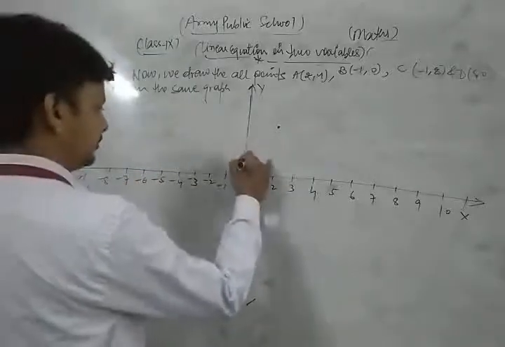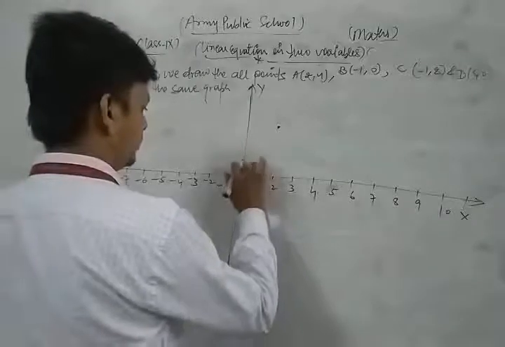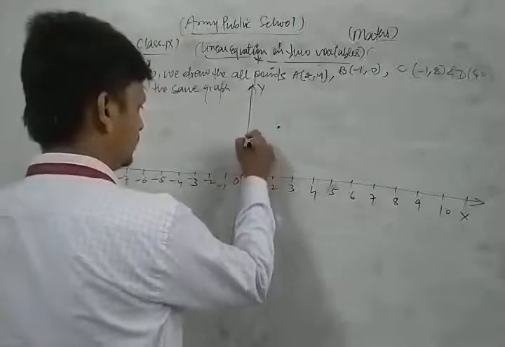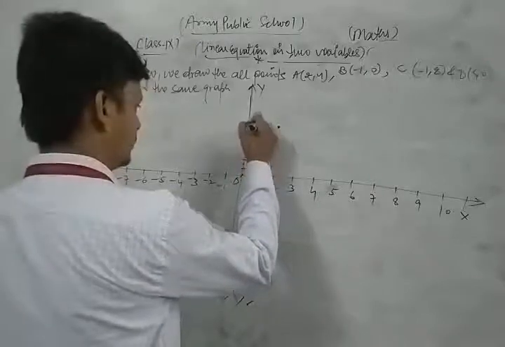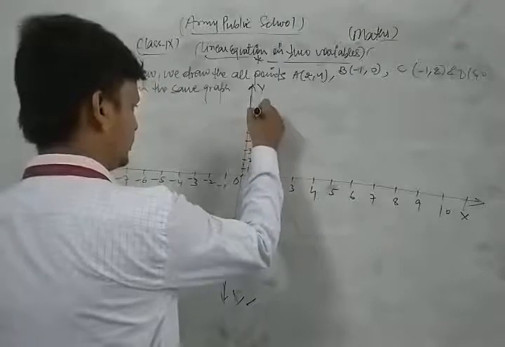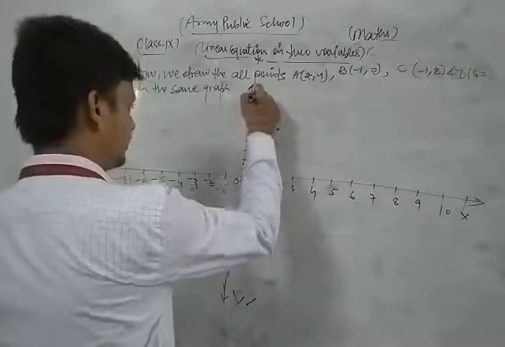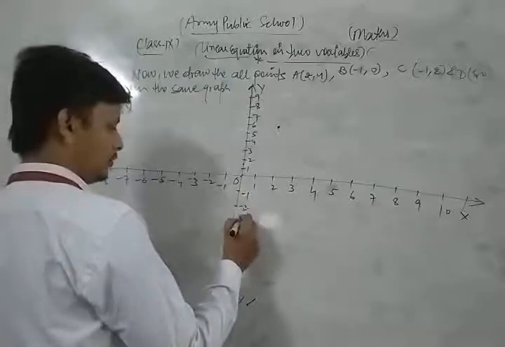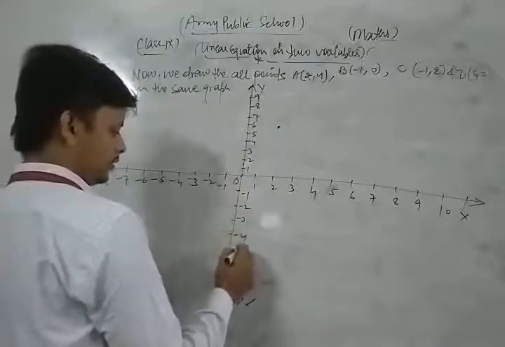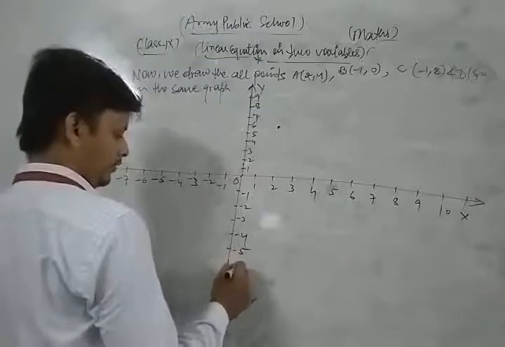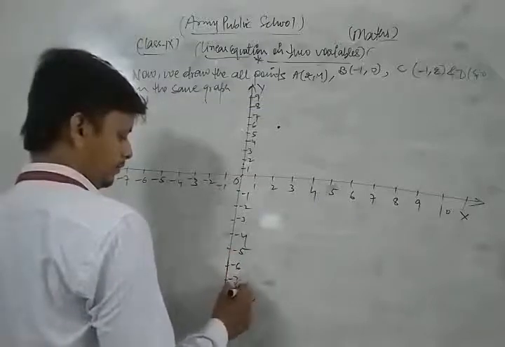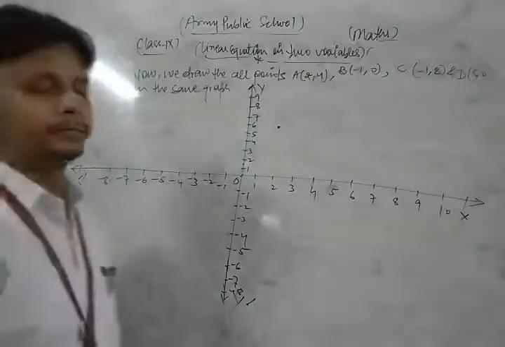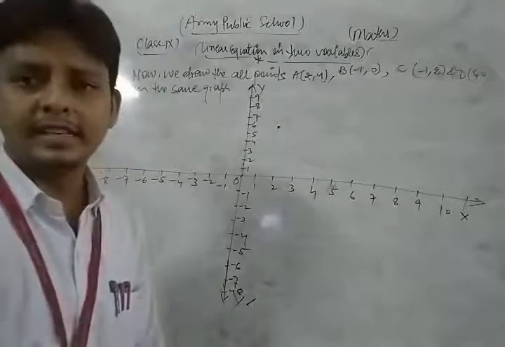Here +1, +2, +3, +4, +5, +6, +8, +9. There this is -1, -2, -3, -4, -5, -8. Now we draw all the points on the same graph.